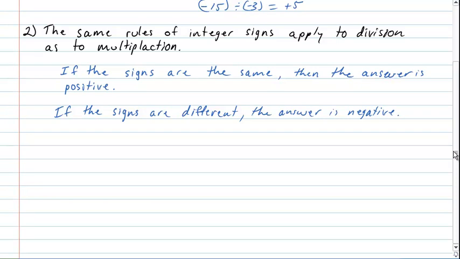Okay? When we look at a division question, let's take that one again. Positive 15 divided by negative 5 equals negative 3. Basically, we look at the parts of it. Positive 15, the number at the front of the question, is called the dividend.